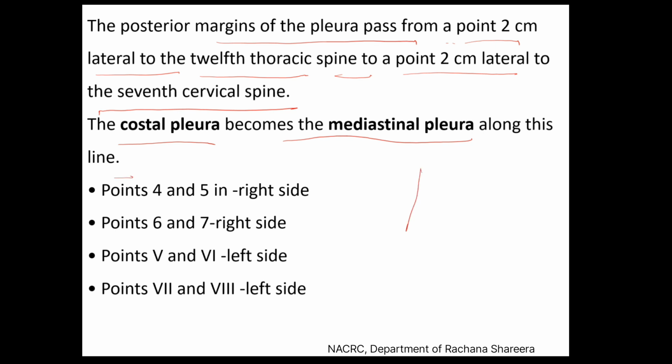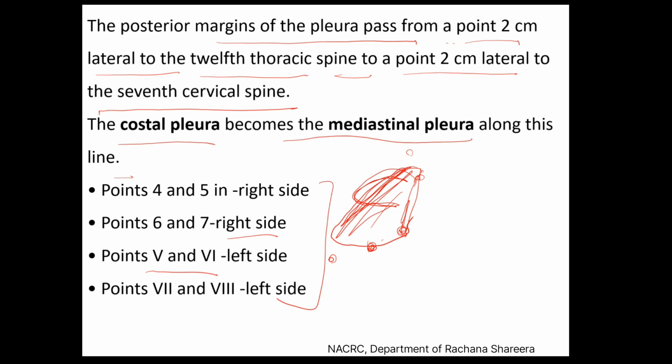The costal pleura covers the costal surface of the lung, and it converts into the mediastinal pleura at the points we discussed in the last slides: point number 4, 5 on the right side, point number 1, 2, 3, 4, 5, and point number 6, 7 on the right side, which can be discussed in the diagram.